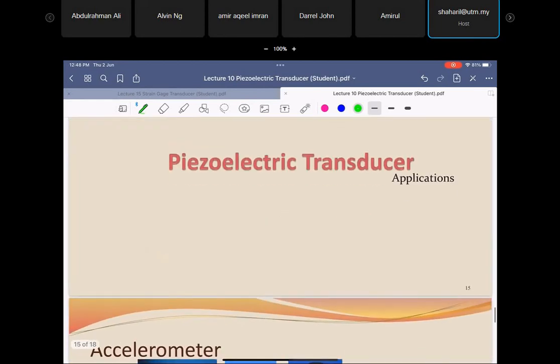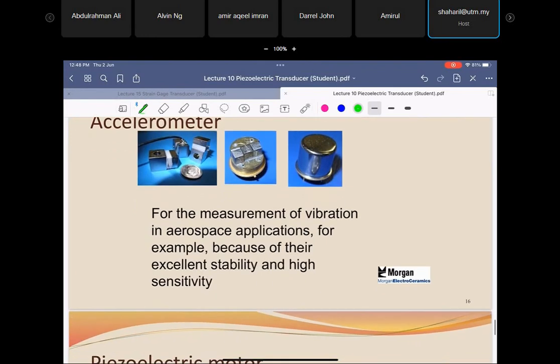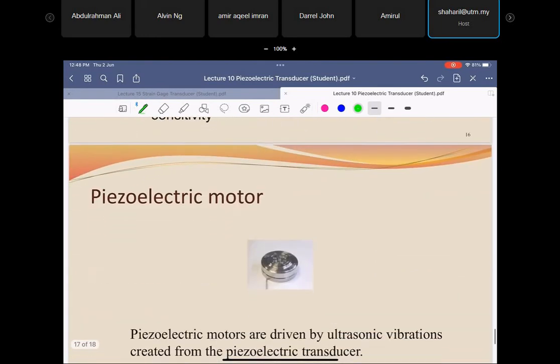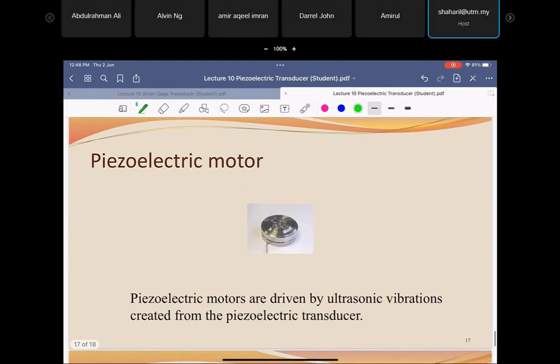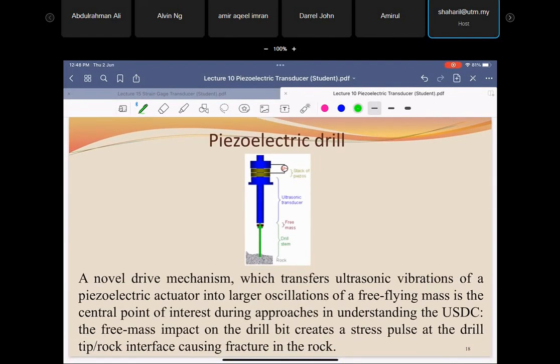The rest are piezoelectric applications. It can be used as an accelerometer, as told before, and it can also be a piezoelectric motor that can vibrate, and so on. It can also be used to measure vibration, for the piezoelectric drill and so on.